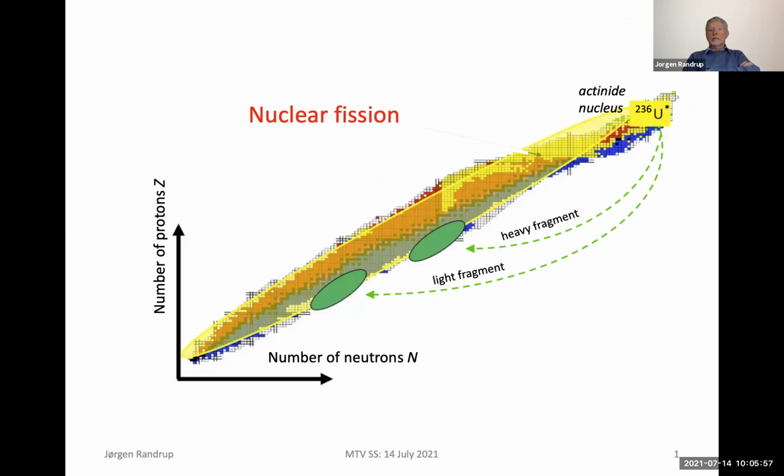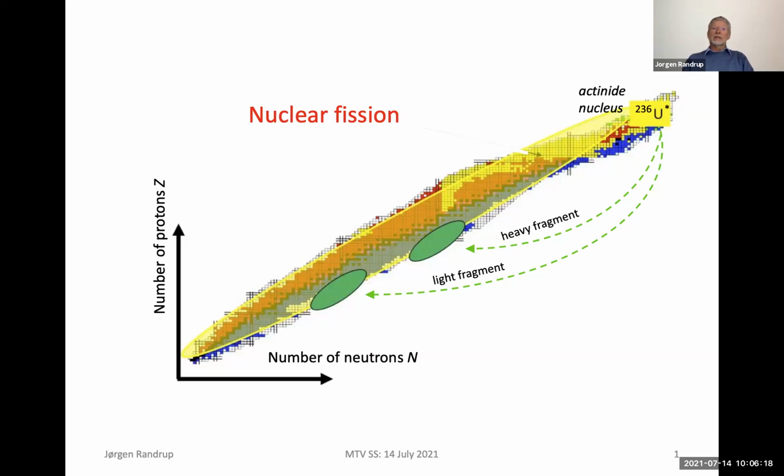Before, though, I can get specifically to fission, I need to remind you of some basic, more general nuclear physics features that are particularly relevant and helpful when we try to understand fission.